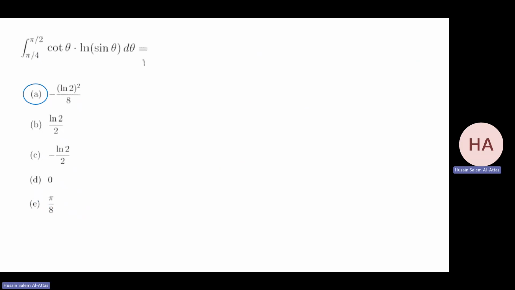Okay. Now, what about this one? That one will be what? Pi over 4, pi over 2, cosine over sine, ln sine theta d theta. Very clear, I will let u equal sine theta.